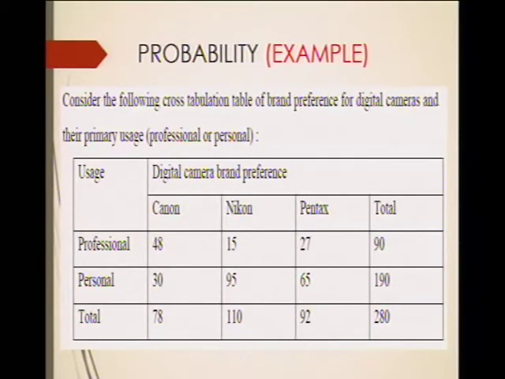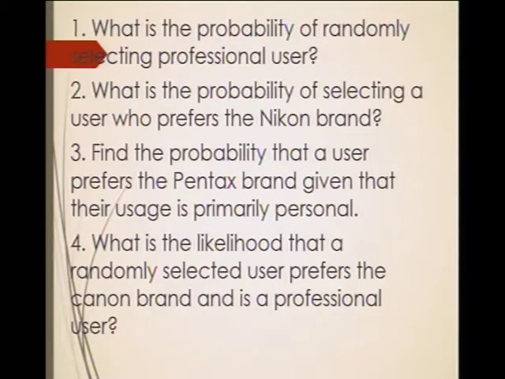Let's look at something that is always giving you a tough time. We're looking at probability. Probability is the likelihood of an event occurring. Now, we are given a table, a cross-tabulation table, as on the screen. The questions will follow after that.